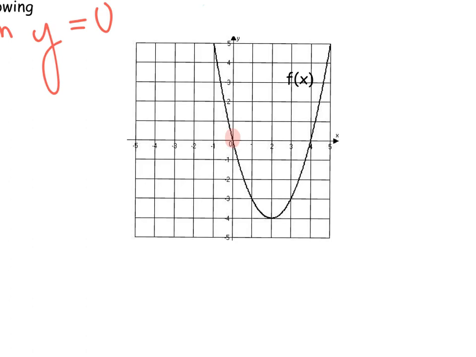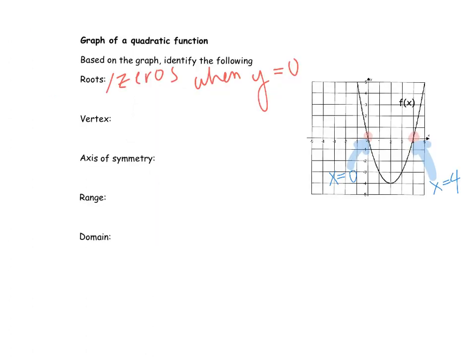Here's where y equals 0, and here is where y equals 0. You need to tell me those corresponding x values. Here I have x equaling 0, and here I have x equaling 4. Alright, so my zeros are going to be x equals 0 and x equals 4, and that's it.